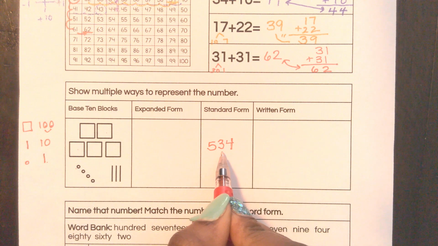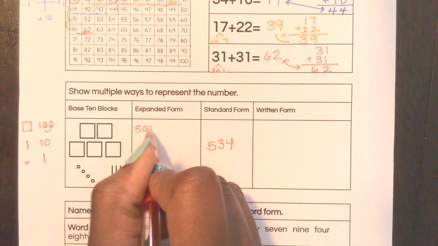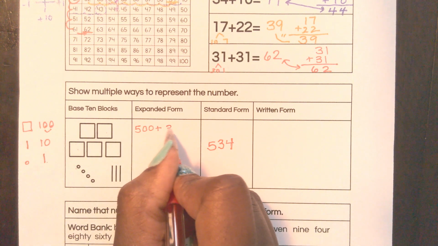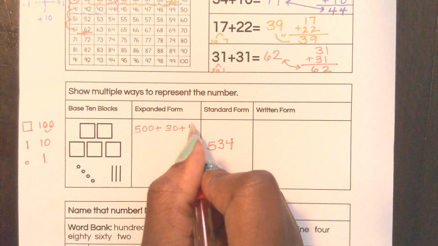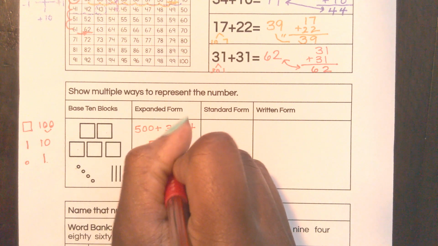So let's take this and put it in expanded form. 500 plus 30 plus 4. Some people might want to write it this way.